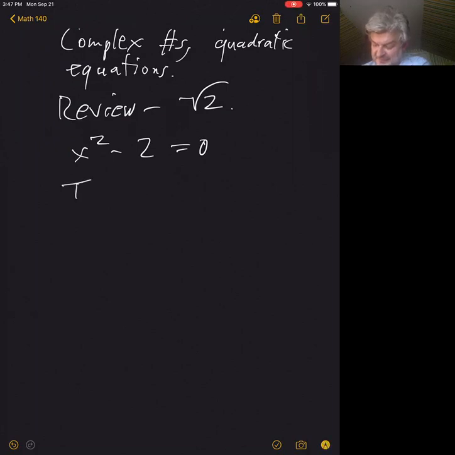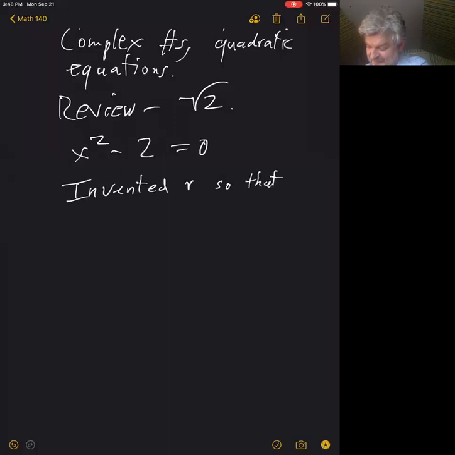So people invented a number that would be a solution. And I want to call that number R. I know it's the square root of 2, but I want to call it R. Bear with me.